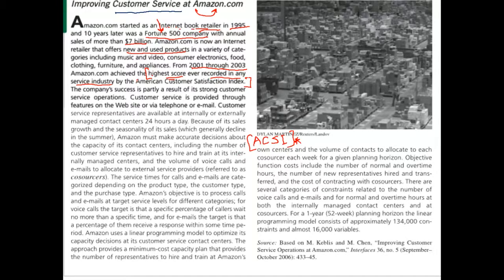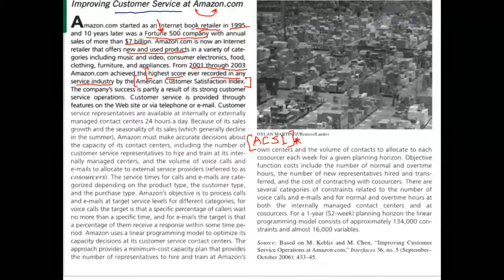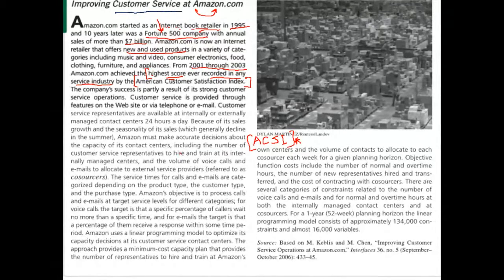It started in 1995, and from 2001 to 2003, just a few years later, Amazon was the highest score receiver by ACSI. So it's a big achievement. Across the world, there are so many companies, and it got the first position. Why did it become the best in customer service? These are very important points.